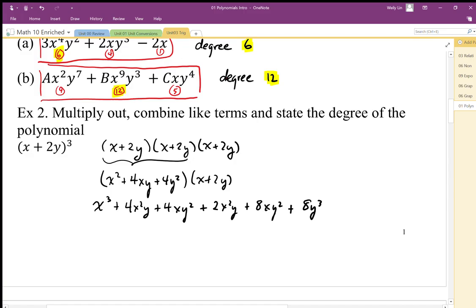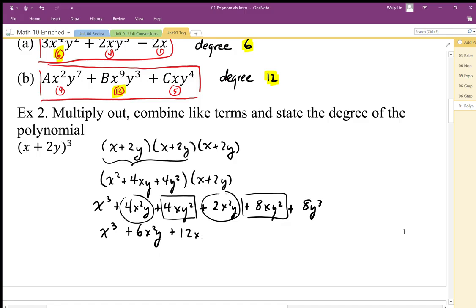Okay, so I have to combine my like terms. The 4x squared y and the 2x squared y combine together, so I get 6x squared y. The 8xy squared and the 4xy squared combine together, so I get 12xy squared, and then I end up with plus 8y cubed. So that's my distribution and combining like terms.